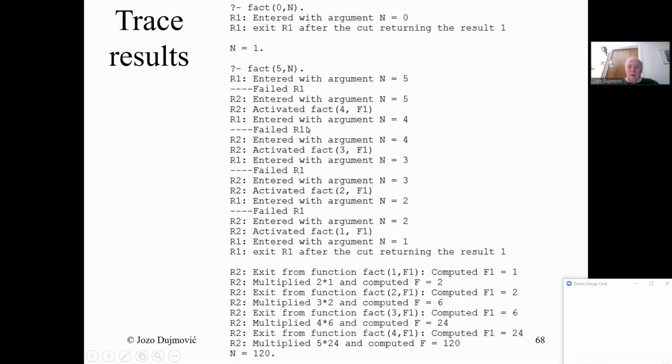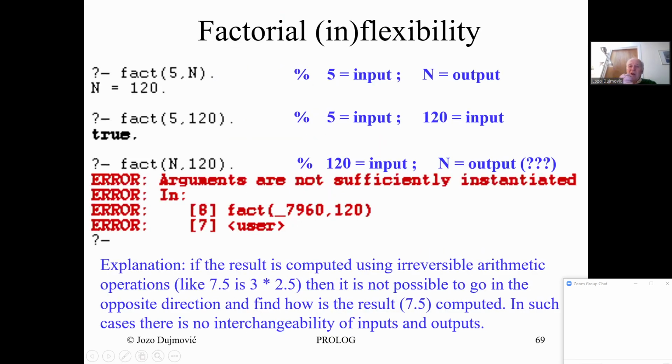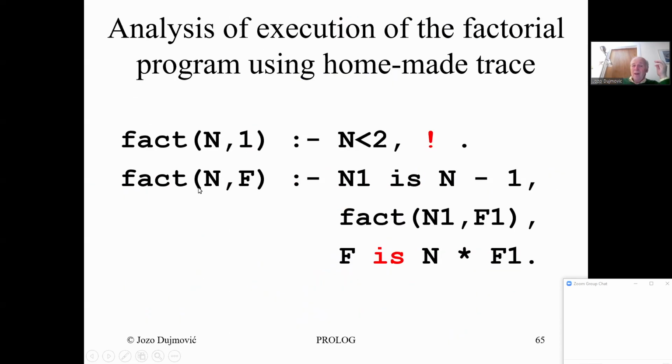Okay. Another thing that you can do is to see a little bit of flexibility in the factorial function. So in the case of the factorial function, we have two variables, the value that you want to have factorial computed for, like this n, and then the result f. So you can say, I have two variables, n and f.